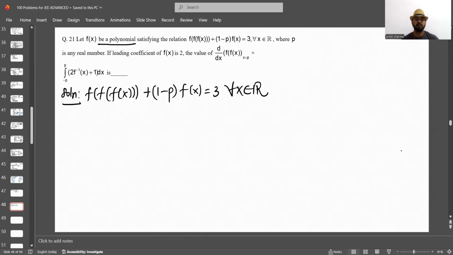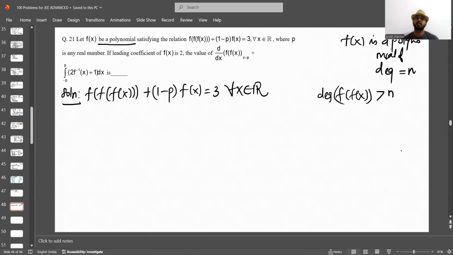We have a polynomial. So if I consider a polynomial and I go on composing it with itself, the degree increases. If f(x) is a polynomial, say of degree n, then the degree of f(f(x)) is going to be strictly more than n.